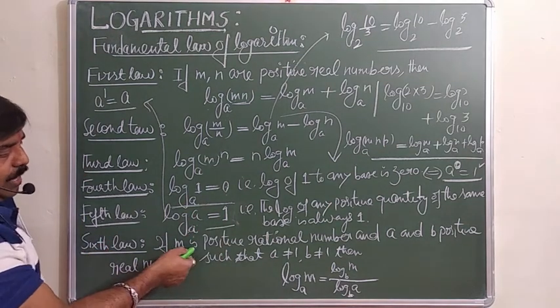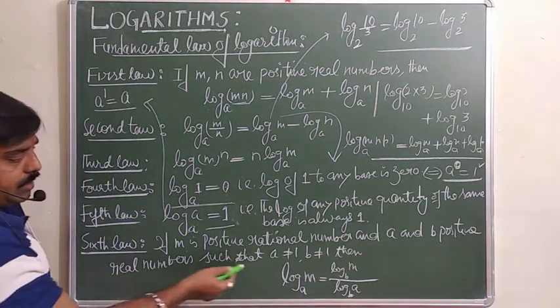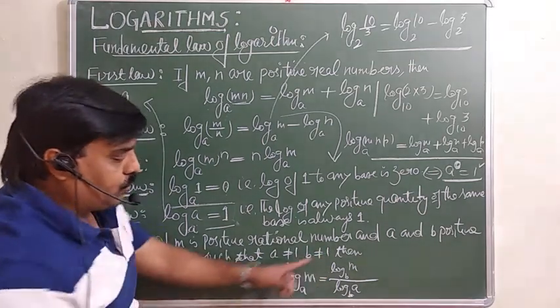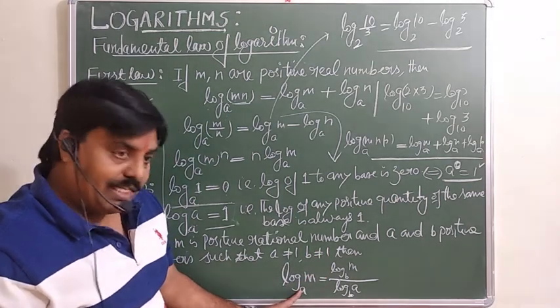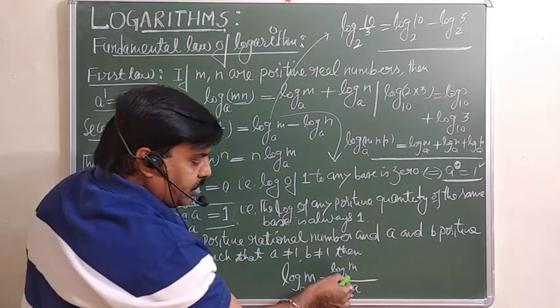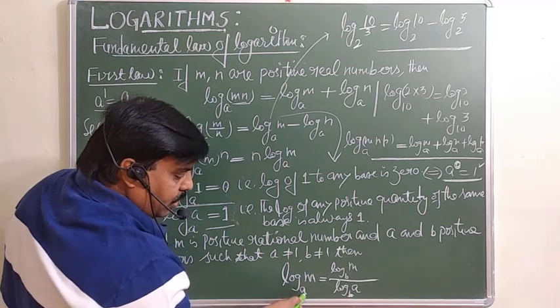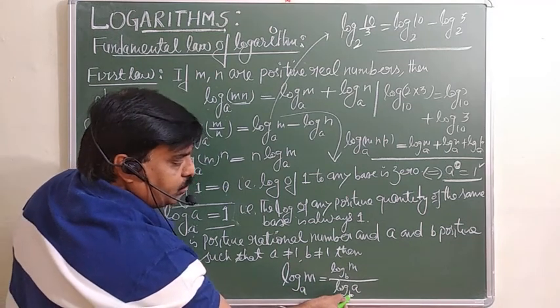Sixth law is there. If m is a positive rational number and a and b are the positive real numbers, but condition is a and b is not equal to 1. So suppose log m base a is given है, तो you can write down this by introducing another base. दूसरा base introduce करके हम लिख सकते हैं log m base b over log a base b.